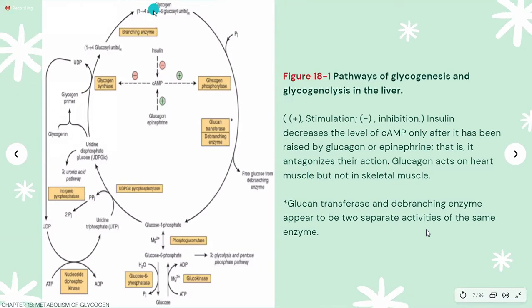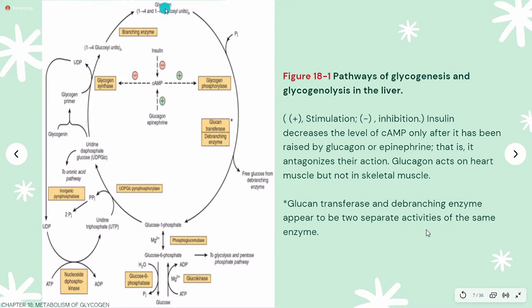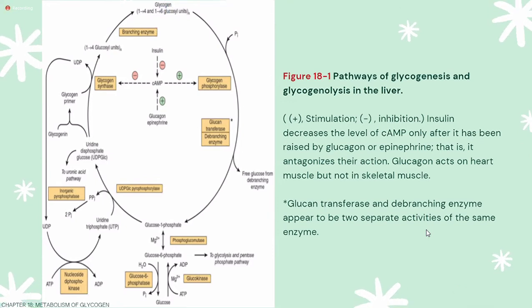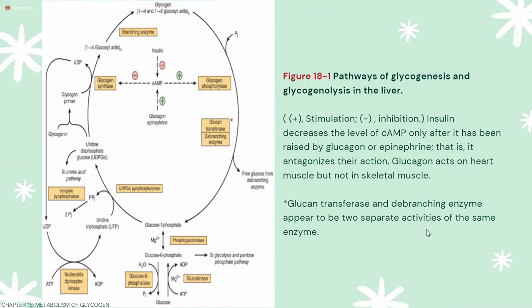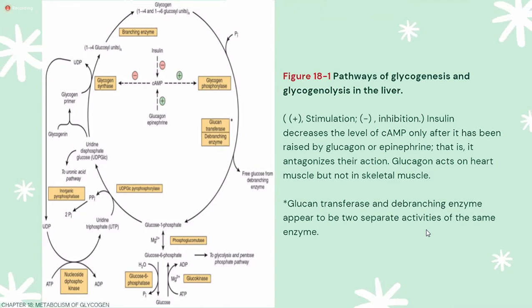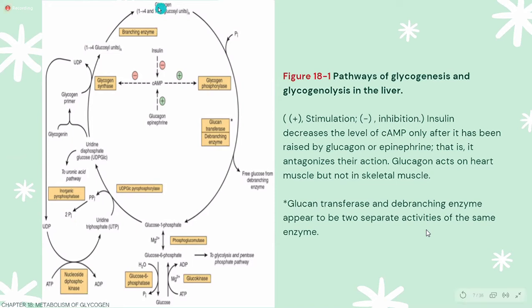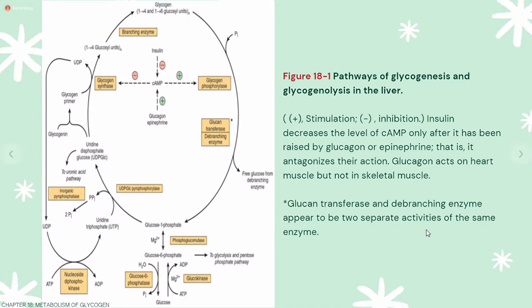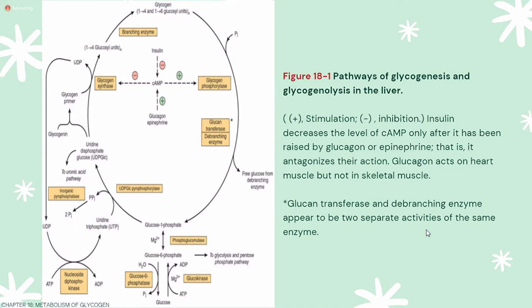It will stay there. And it is just only broken when there is a need to increase the amount of glucose in the blood. Okay? All right. So as I've said, from glucose to glycogen, then glycogen back to glucose. Looks like a useless cycle.